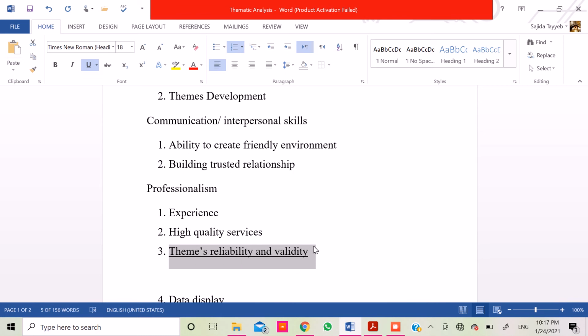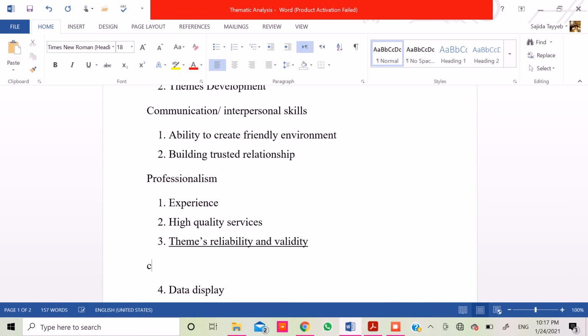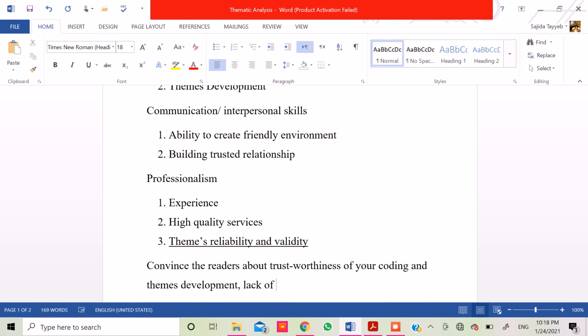So all you have to do is convince the readers about trustworthiness of your coding and themes development, or lack of bias.